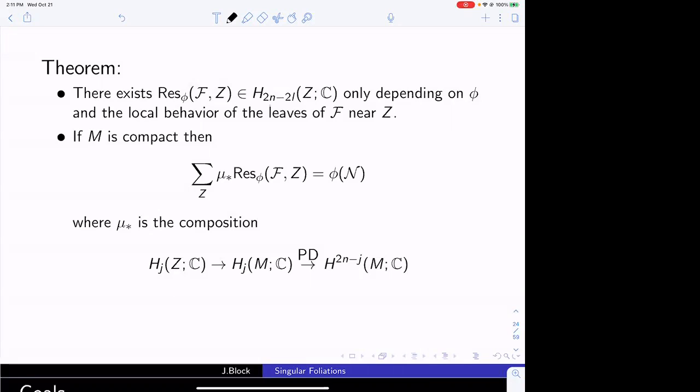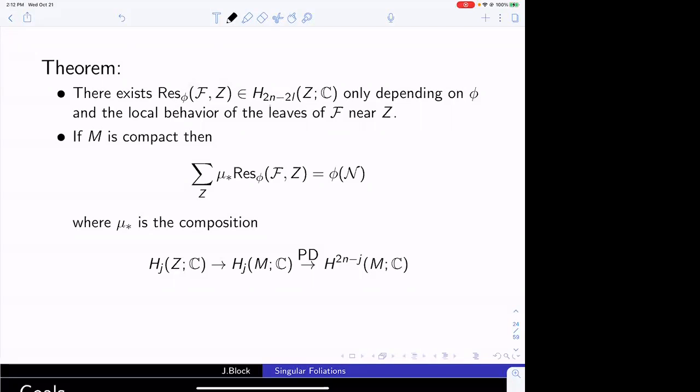And it only depends on phi and the local behavior of the leaves of F. Okay, and if M is compact, then if you sum up over the singularity sets of these residues, and then take it into cohomology, it actually equals the characteristic class of N. Here mu star is just the map that sends a homology class in Z to a cohomology class in M. It's just the composition of the inclusion on homology together with the Poincare duality isomorphism.